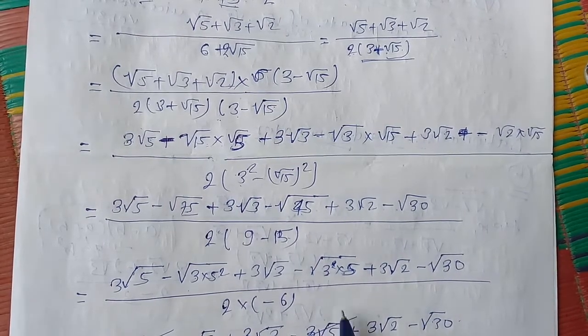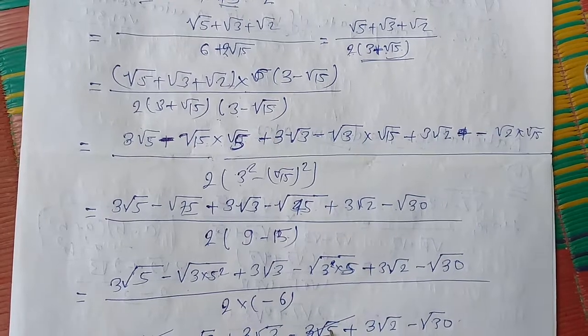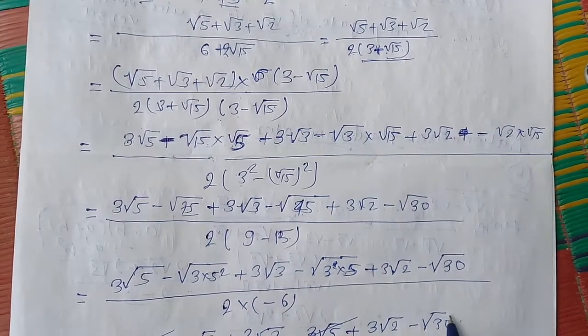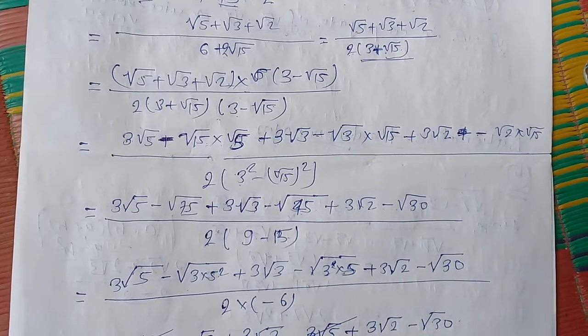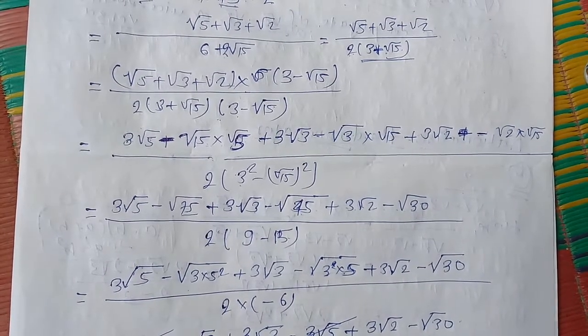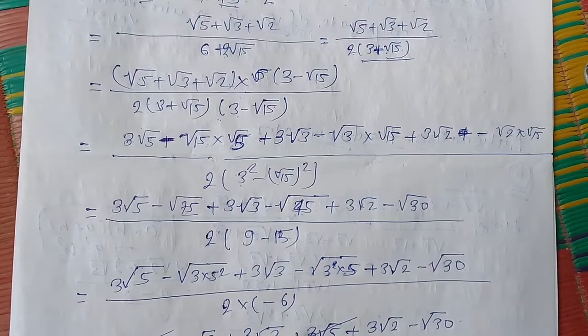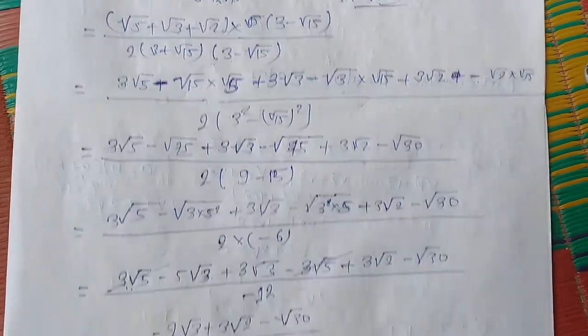Here 3 will come out, 3 root 5 plus 3 root 2 minus 3 root over 30, divided by minus 12. It means after multiplying, minus 16 minus 6.